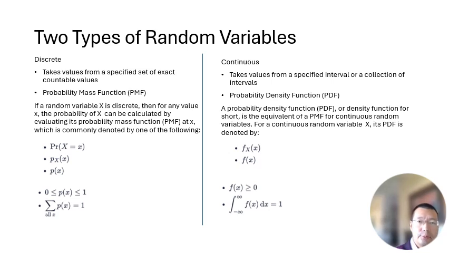That's the difference between discrete and continuous. Basically, for discrete, you sum all the PMF up. For continuous, since it's a probability density function, you don't sum them up, you integrate using the integral, and then you will get the total.